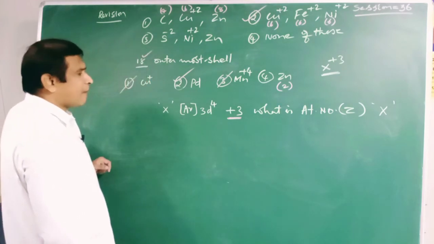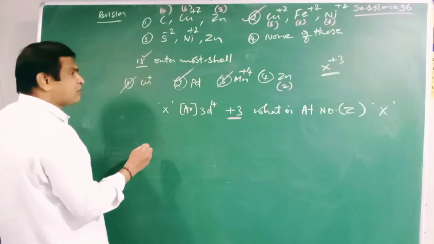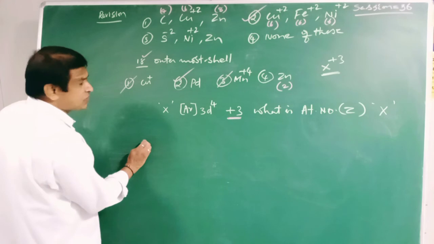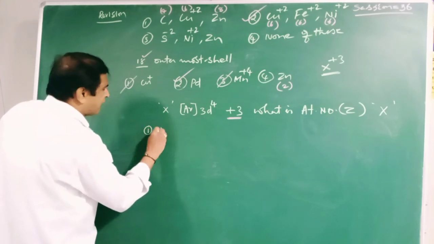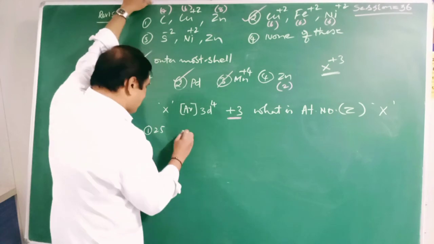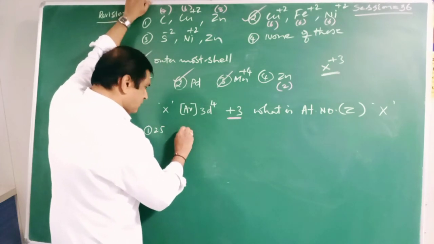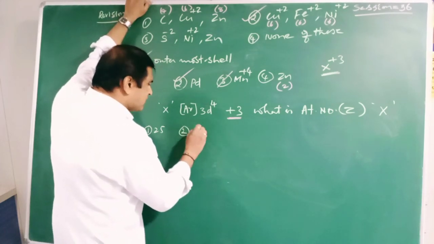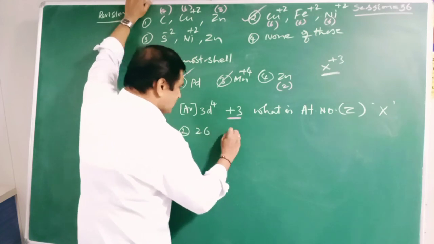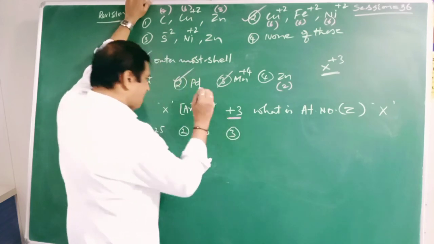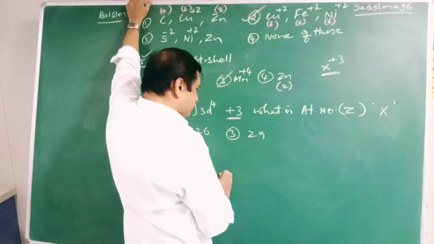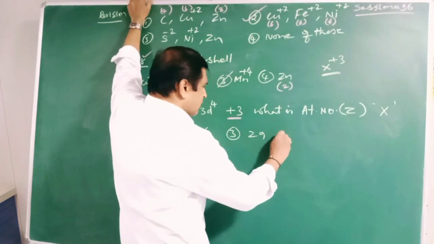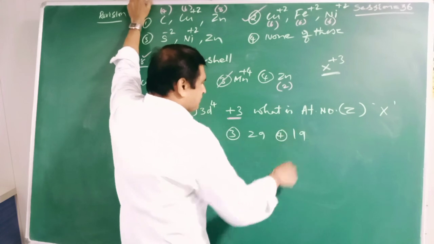Now the options we can say like this: first option 25, second option 26, third option 29, and fourth option 19.